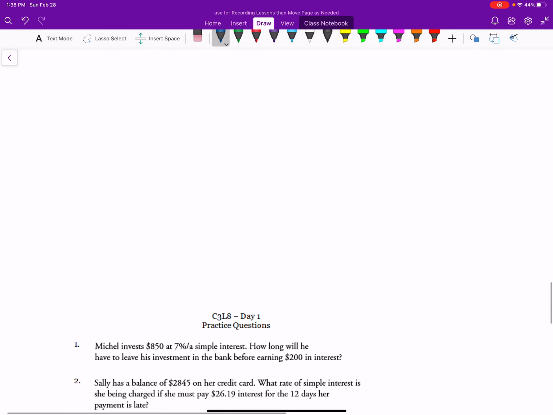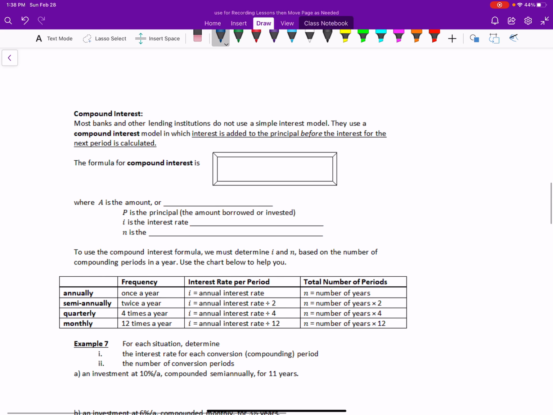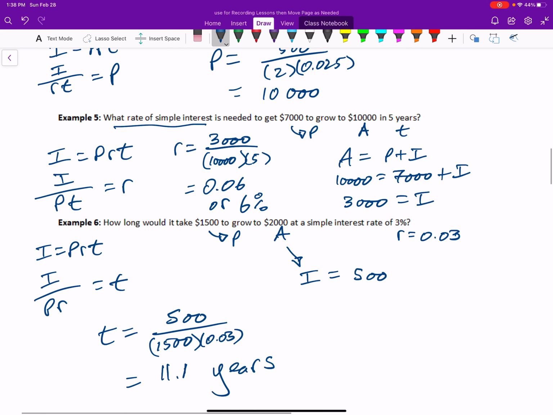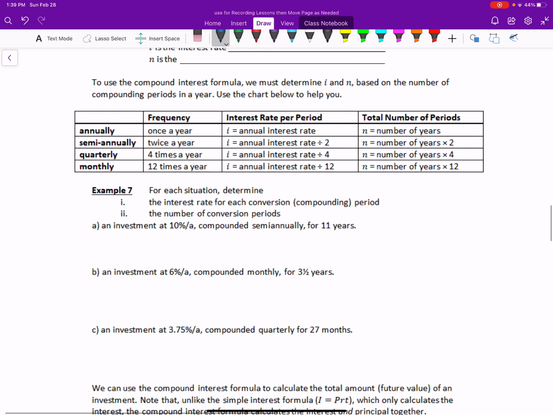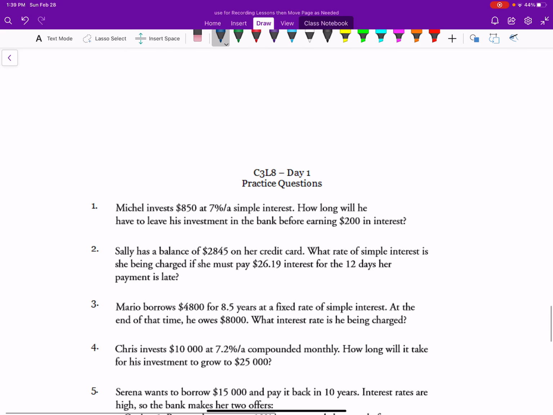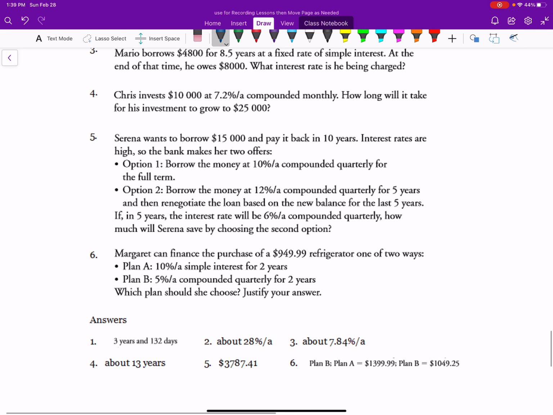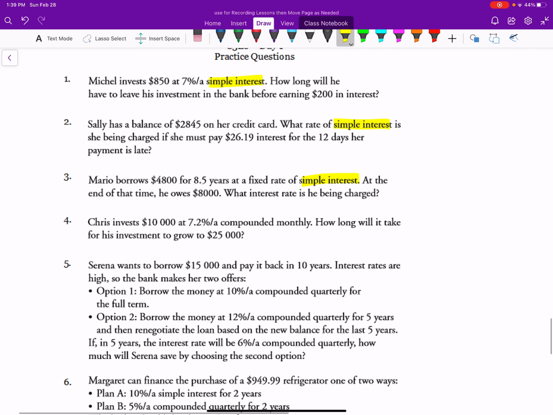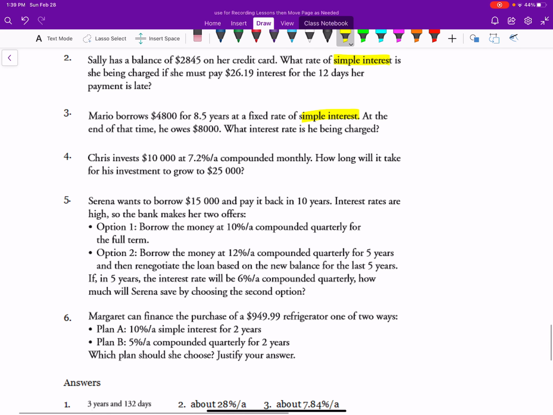Okay. I actually think that I want to talk about compound interest as a separate topic. I feel like doing simple interest, just being clear on that, is a good first step. So I'm going to stop here. I'm going to make a separate recording for the compound interest part, which means that just looking at the homework questions, any of the ones that involve simple interest are going to be good ones.